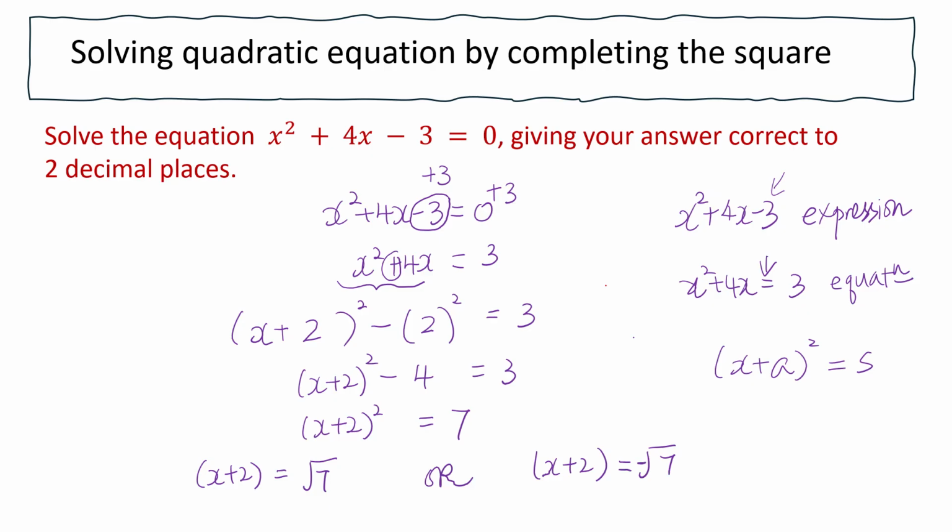All right, so x is equal to, supposed to express your answer to 2 decimal places. 2 decimal places is 0.65, or negative 4.65. Okay, so that's how we do it, and that ends the video. Happy learning.